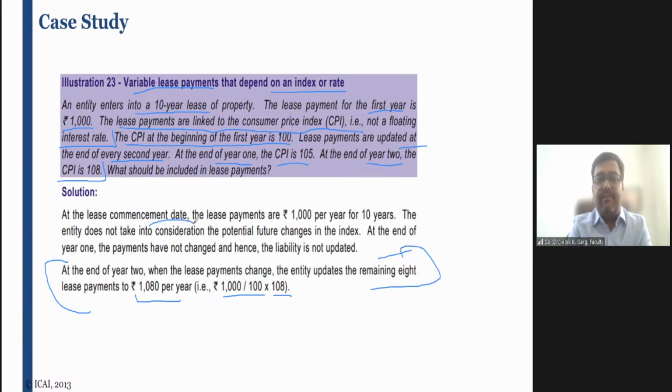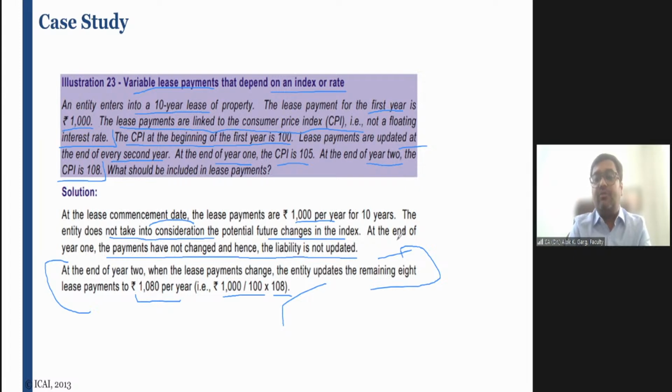So at the lease commencement date, the lease payments are rupees 1000 per year for 10 years. The entity does not take into consideration the potential future changes in the index. At the end of year one, the payment has not changed and hence the liability is not updated. But at the end of year two, of course, it has to be updated to 1080 for the remaining 8 lease payments.